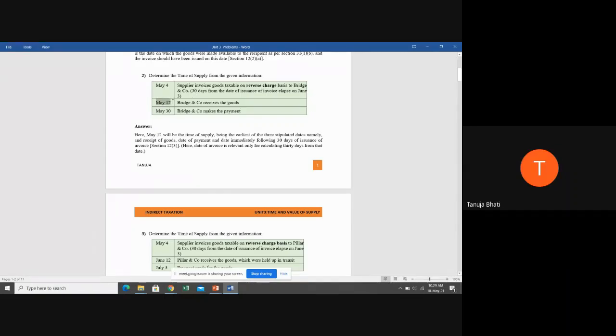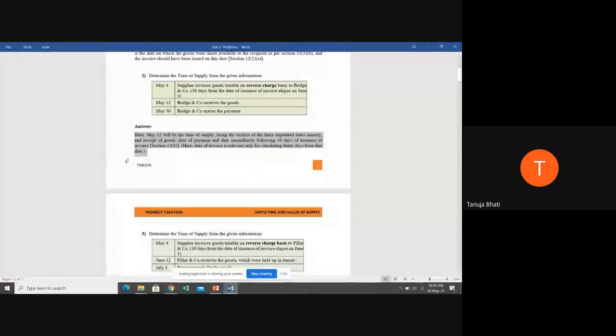So let us see the answer. Here May 12 will be the time of supply, being the earliest of 3 stipulated dates, namely the date of receipt of goods, that is May 12, the date on which the payment is made, that is May 30, or the date immediately following 30 days of the issuance of invoice.